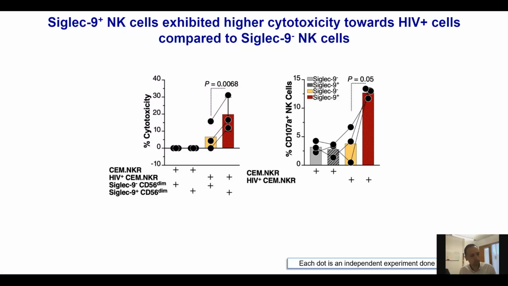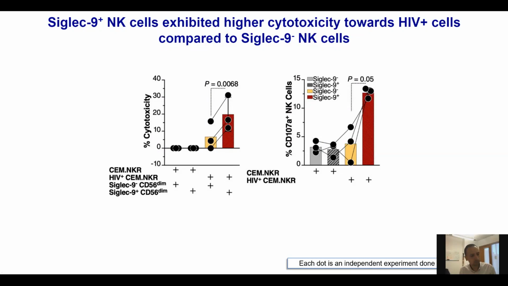And as you can see here in the left panel, the Siglec 9 positive NK cells are indeed more cytotoxic toward HIV-infected cells compared to the Siglec 9 negative NK cells. And on the right side, that is confirmed when we look at the degranulation of these cells. Again, the Siglec 9 positive NK cells degranulate more toward HIV-infected cells compared to the Siglec 9 negative NK cells.